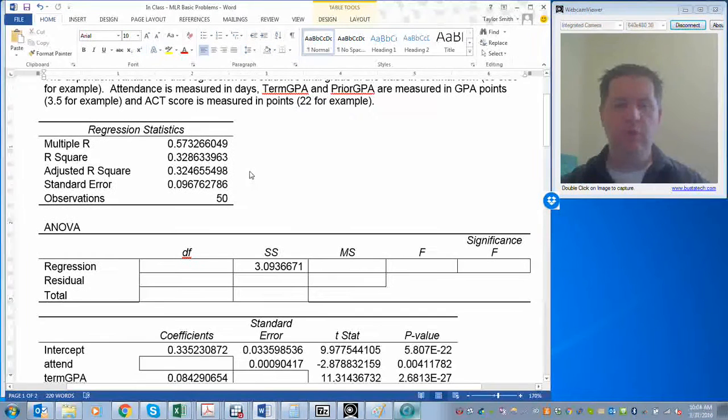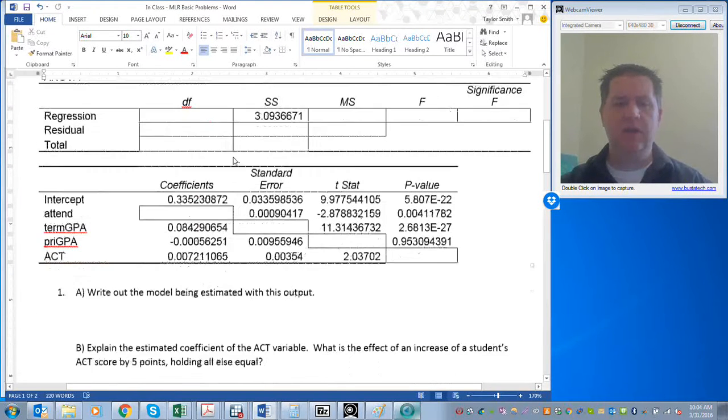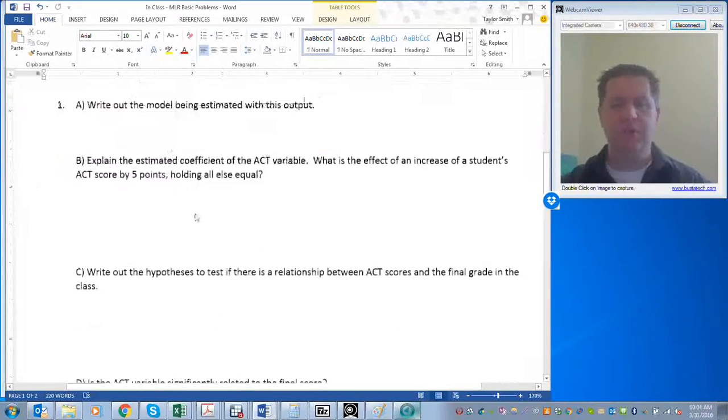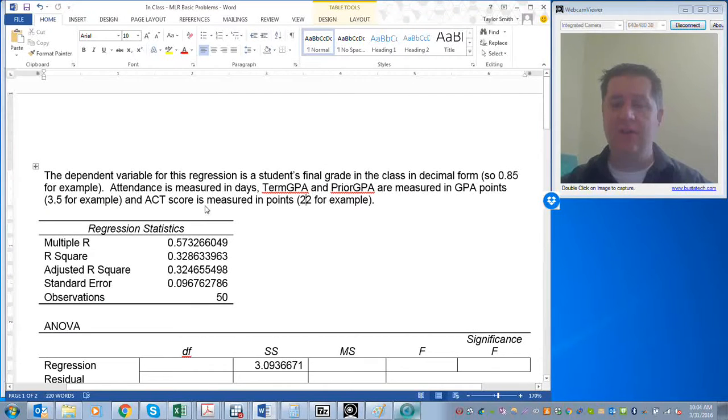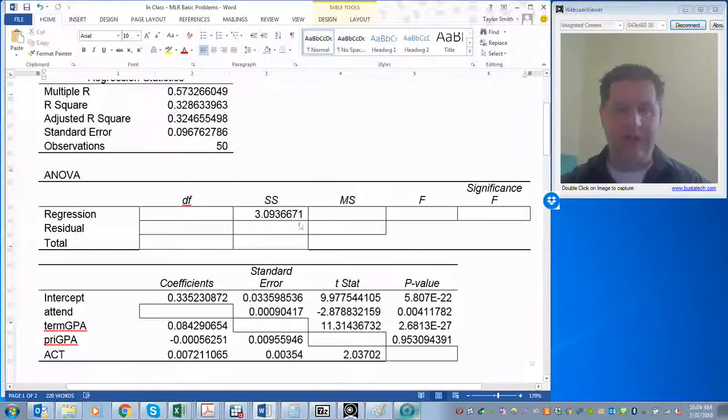So now moving forward, I give you a basic regression output from Excel, and I give you some questions. So this is exactly how the test is going to be laid out. We're going to be doing the exact same things, and so I want you to take a minute to familiarize yourself, and you should already be familiar with the layout of this structure.